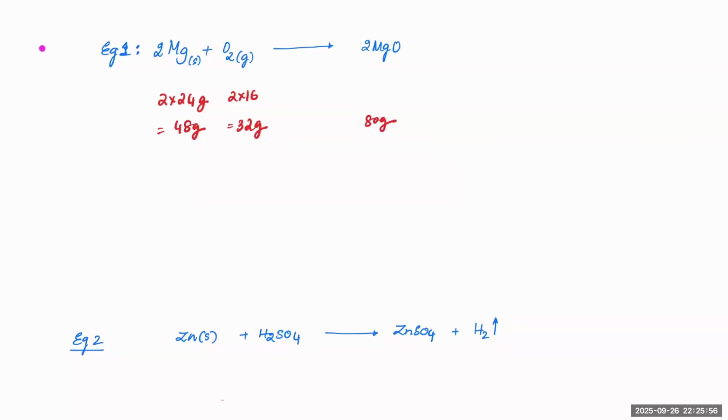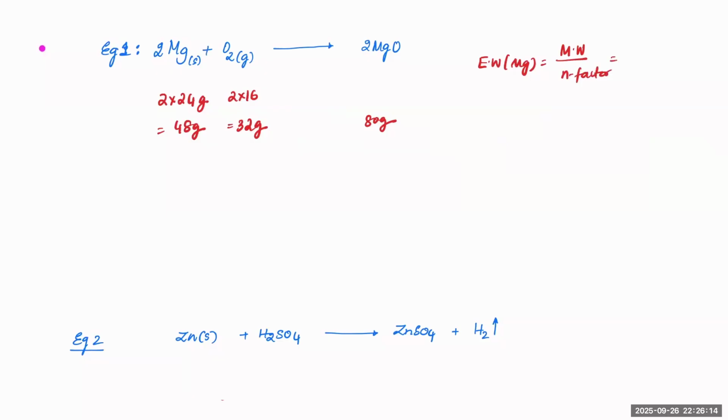Then my objective is to figure out the equivalent mass of magnesium. To find the equivalent weight of magnesium, I need its molecular weight divided by some n factor.